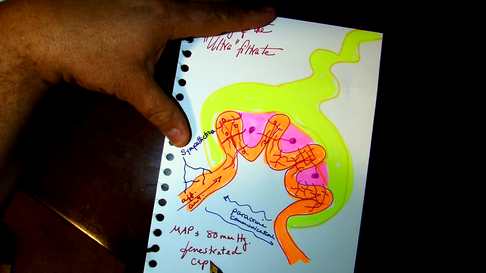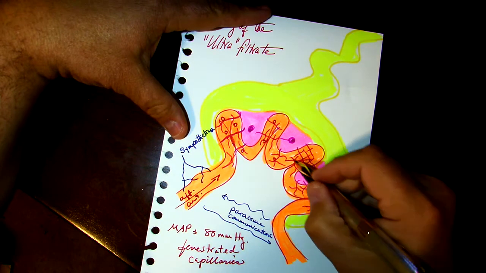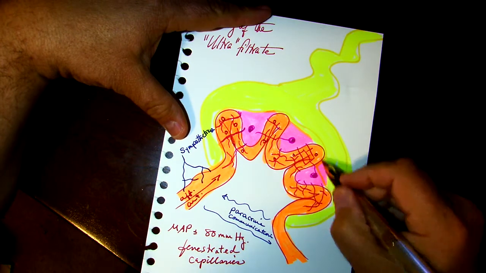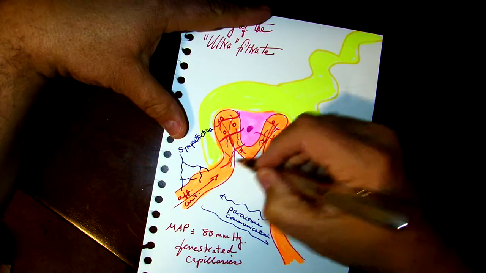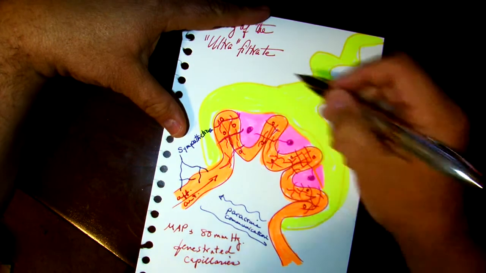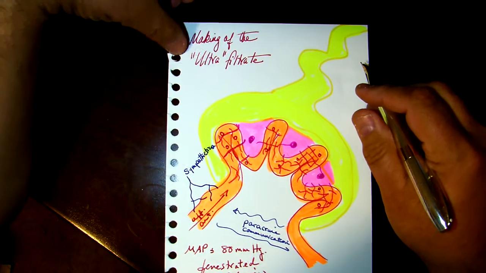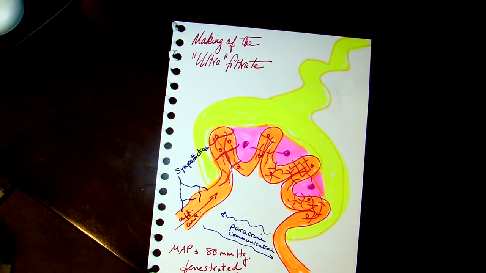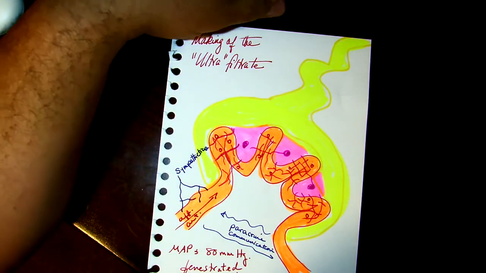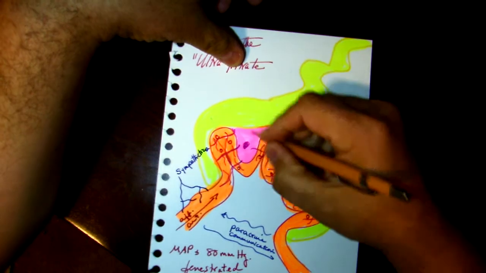Not only that, but in order for successful filtration to occur, the higher pressure is necessary. The process, of course, is more than just simple filtration. For that reason, we call it ultrafiltrate, because what comes out on the other end here is not just simply a product of straight filtration.